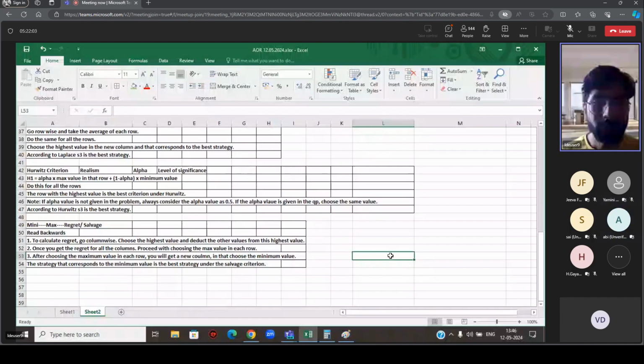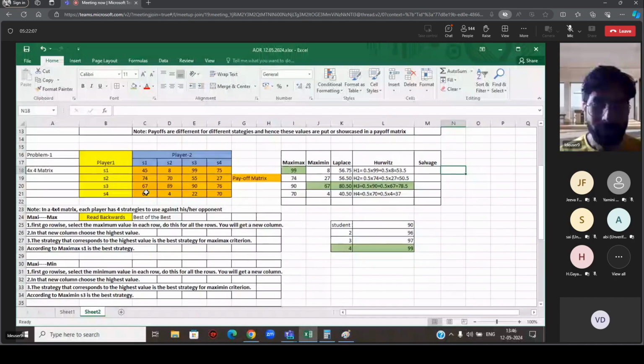Go column wise. In the column, which is the highest value? 99. Highest value 99. Column wise, not row wise. 74. 67, sir. 24. Now, 74.